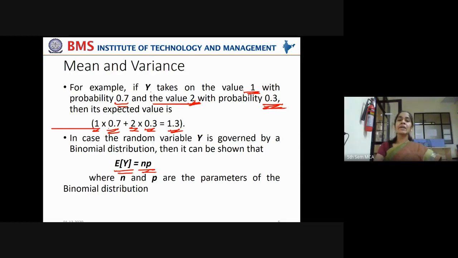In that case, the expected value of y, or the mean of y, can be represented as the product of n into p. Okay, n and p are the parameters of the binomial distribution, but what are they actually? n is the number of data points and p is the probability of occurrence of some event. So the expected value of y can be written as np.